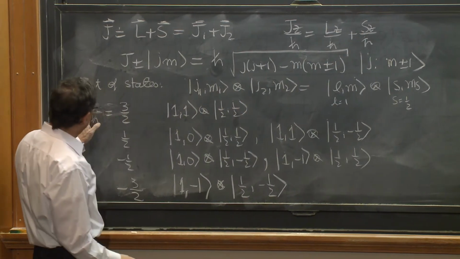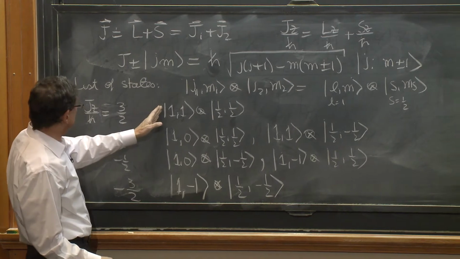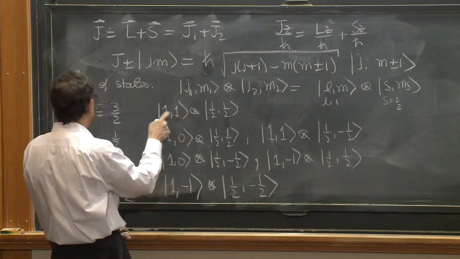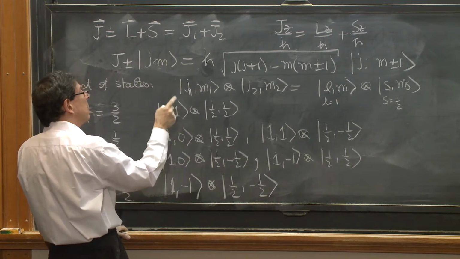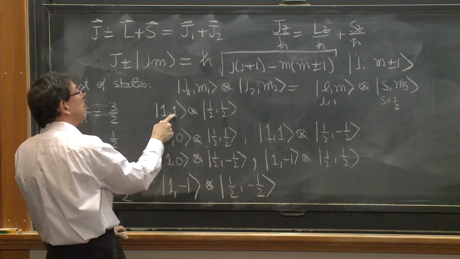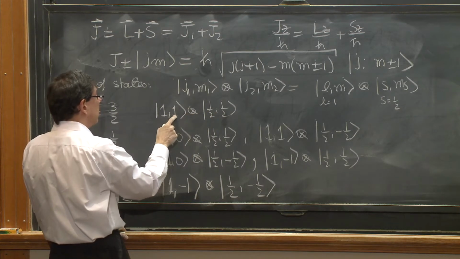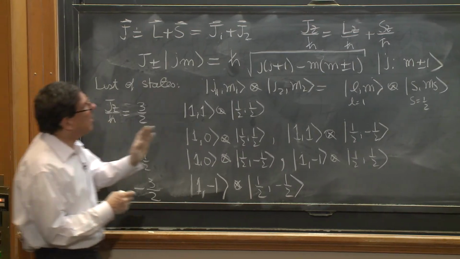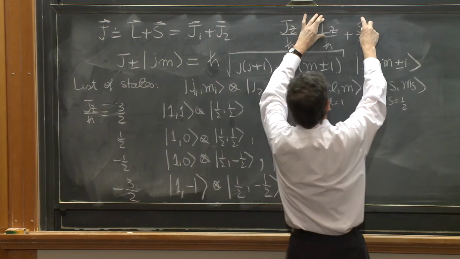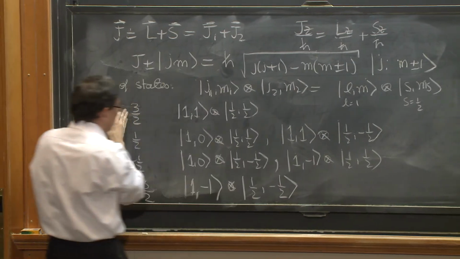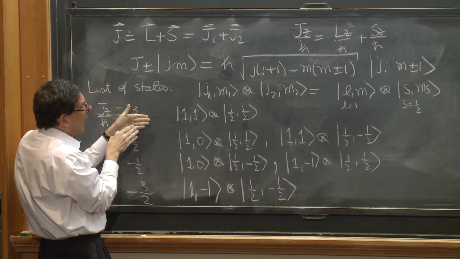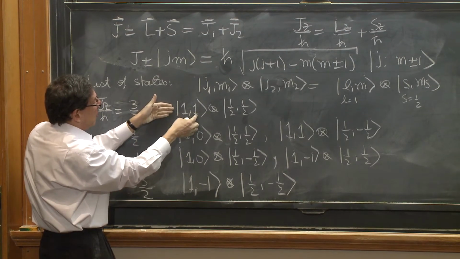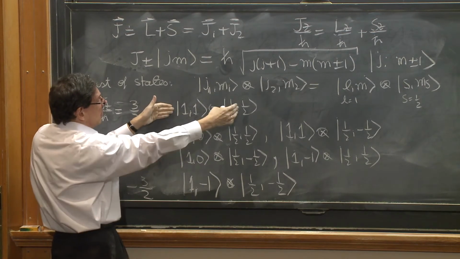So if you try to figure out the eigenvalue of Jz of these states, this has a definite value of Jz. It's Lz plus Sz, so it's 1 plus 1/2. If that confuses you, think of the Lz plus Sz operator coming here. The Lz acts on the first state, and that term gives you the eigenvalue 1 times h bar, and does nothing to the second.